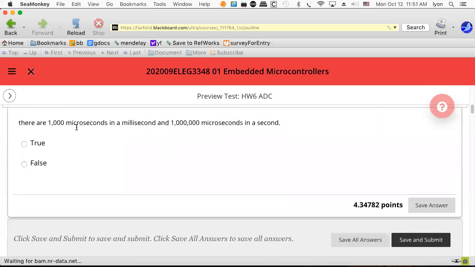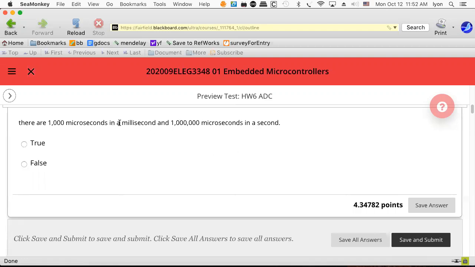So then it says there are 1,000 microseconds in a millisecond and 1,000,000 microseconds in a second. Well, what do you think of that? How many microseconds are in a second? 1,000,000, yeah.